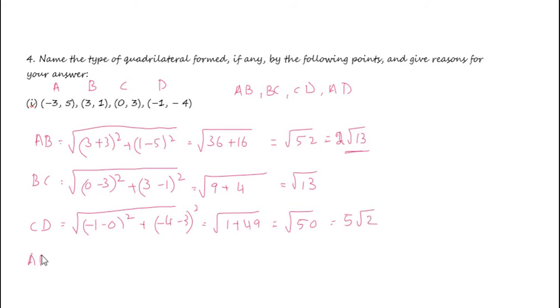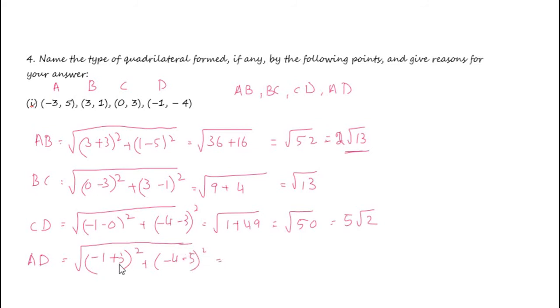Last one, AD equal to, now A becomes x1 y1, D becomes x2 y2, square root of x2 minus 1, x1 minus of minus 3, so it is plus 3 whole square plus minus 4 minus 5 whole square.